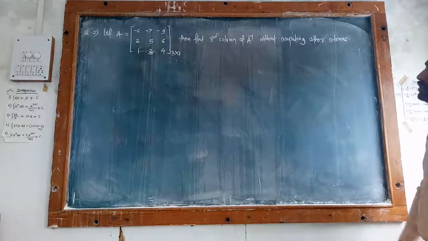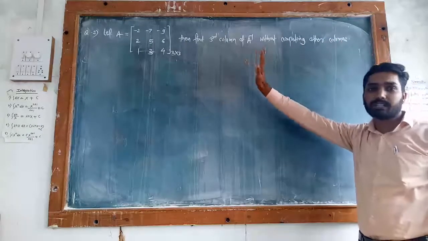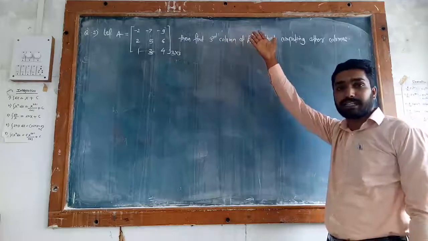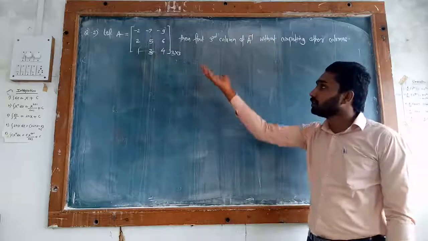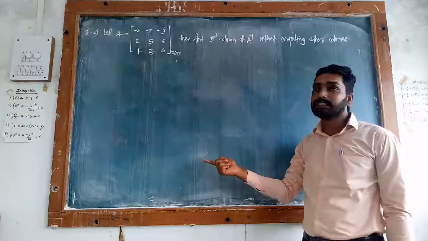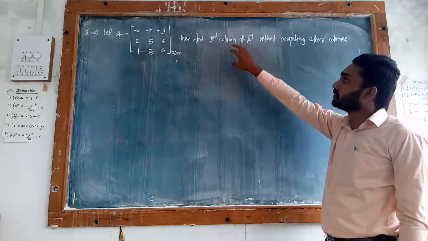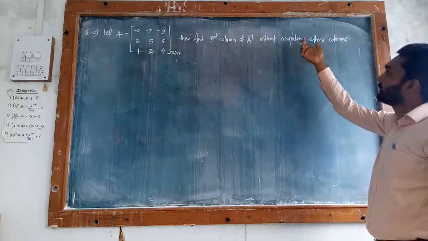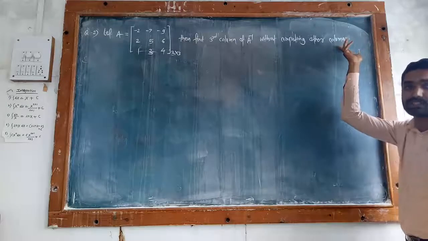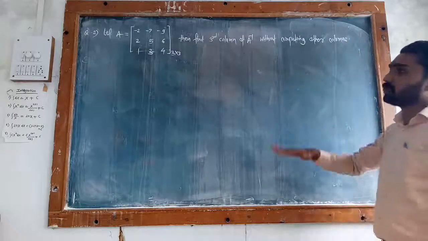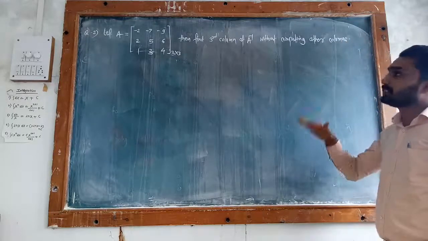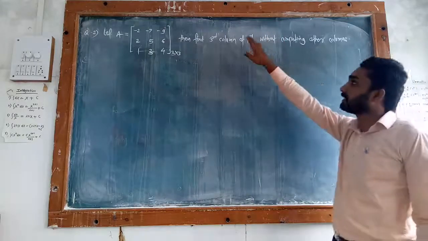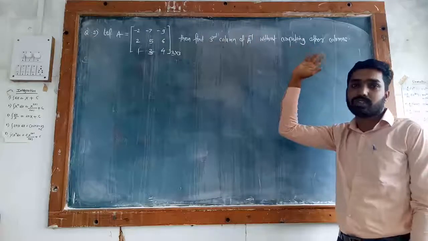We have given matrix A of order 3 cross 3, and we have to find the third column of the A inverse matrix. In the previous example, we had to find A inverse of the matrix, and in this question, we have to find the third column of A inverse without computing the other columns. That means we don't need to find the first column and second column of A inverse. We only need to find the third column.